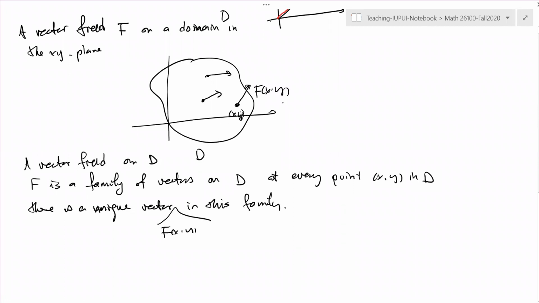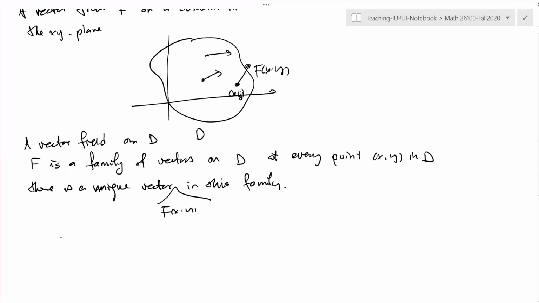Now, how do you describe the vector? Well, the vector can be described by two components. So if you use components, you can define it like this: P(x, y), a function, and Q(x, y). Those are two components, but each component depends on the location of the point.